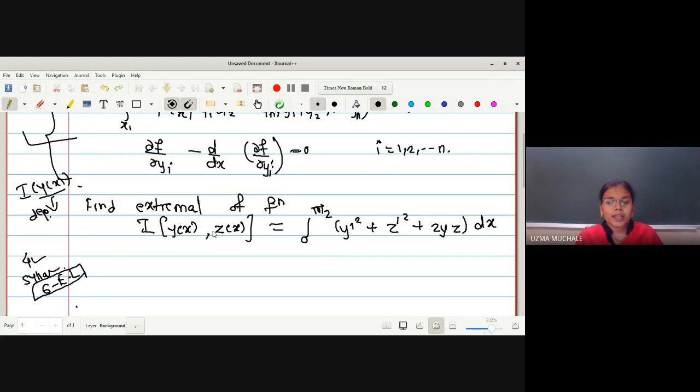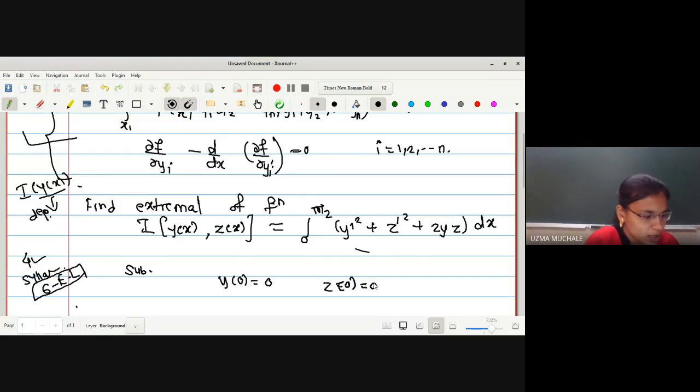At that time, you will be confused about which form to use for an example, because the question says only: find the function. They don't tell you which Euler-Lagrange's theorem you have to use. They simply say find the extremal of the function using these conditions.